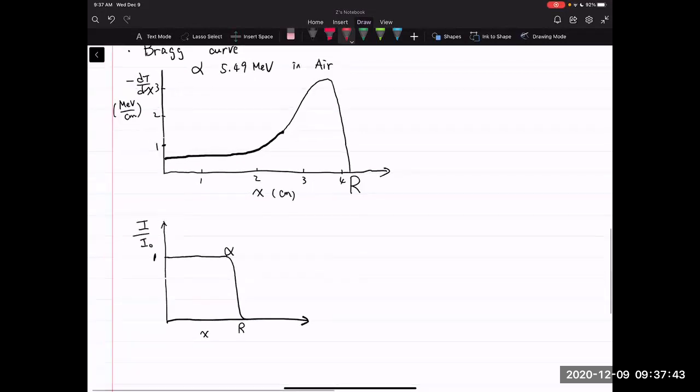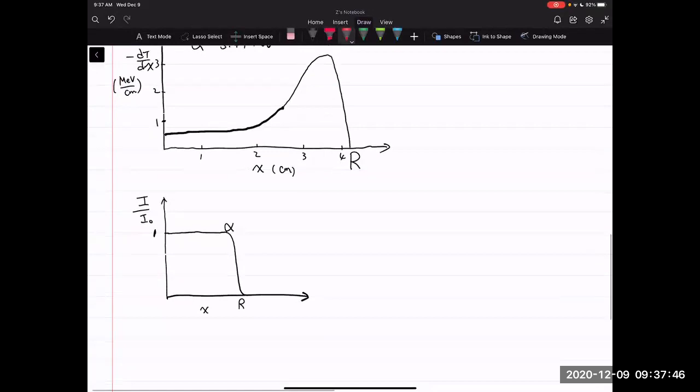So for electrons, what we're going to see is something like this. So for electron, much wider range. This is because the electron is much lighter. They can be influenced by the materials much more than the heavy charged particle.